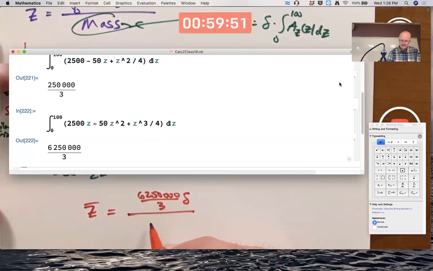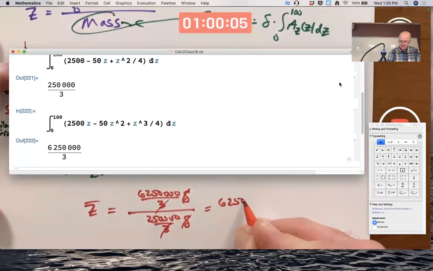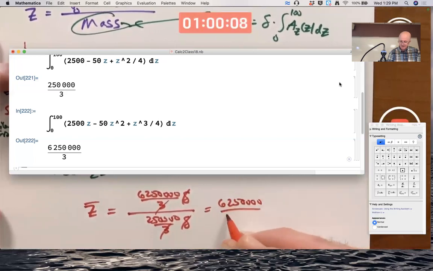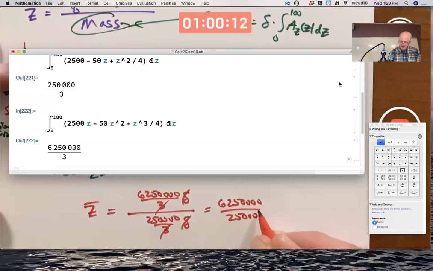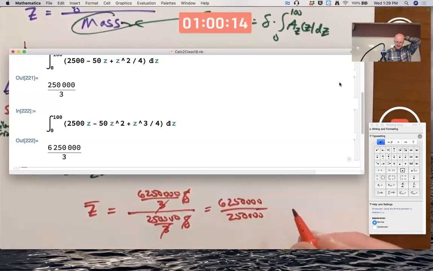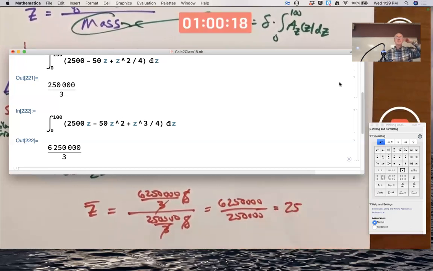Divided by the mass, which is going to be 250,000 over 3 times delta. The deltas cancel, the 3's cancel. You're left with 6.25 million divided by 250,000. Can I do that in my head? 25? Yeah, okay, 25.